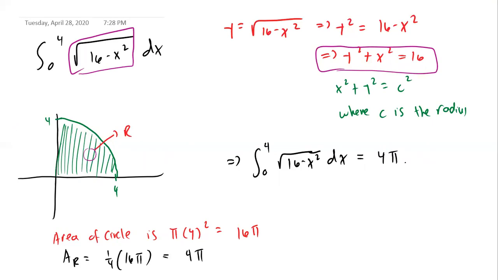And whenever you have something that looks like a constant minus x squared, if you're integrating that, say 0 to whatever this is, c, dx, always do that trick. Always set this equal to y and square everything, and you'll realize that geometrically you're just looking at a circle. It's centered at the origin.